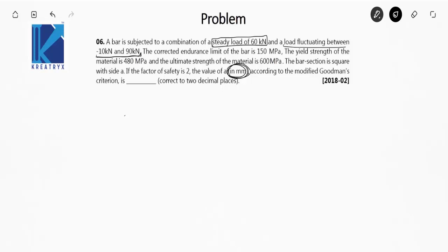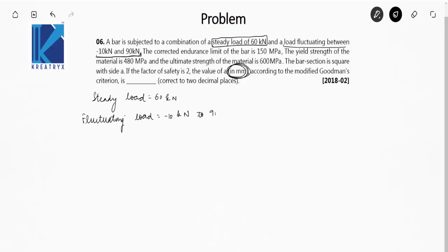Great. So steady load is equal to 60 kilonewton, this is given, and fluctuating load is equal to minus 10 kilonewton to 90 kilonewton. So this is the maximum value of fluctuating load, and minus 10 kilonewton is the minimum value.